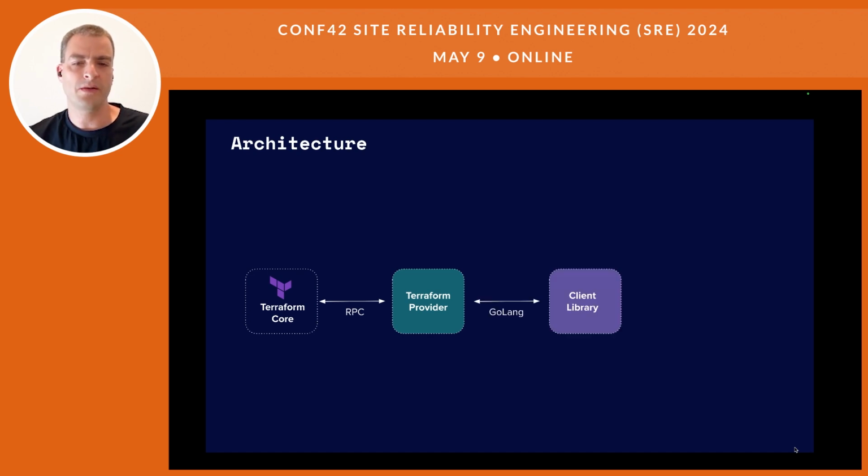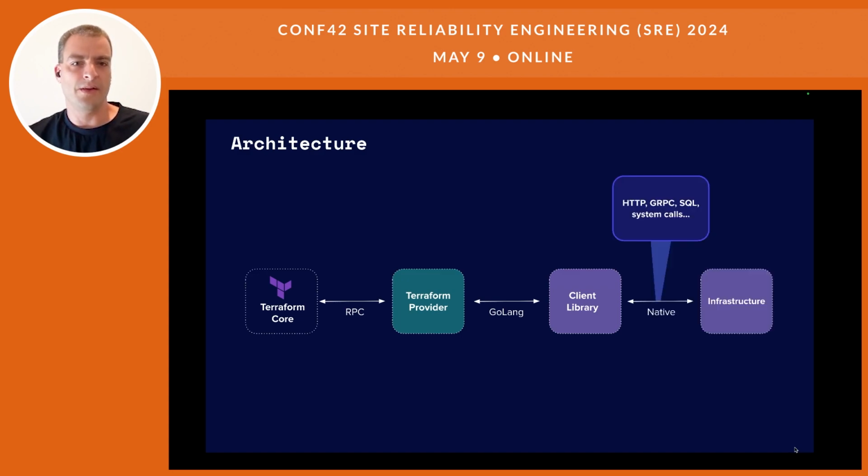And the Terraform provider uses native calls inside the process to communicate with a client library that then communicates over the native infrastructure APIs and protocol with the infrastructure itself to provision resources. And this native communication can happen on HTTP. You'll find it in various documentation. But it could also be gRPC or SQL or system calls or anything that the infrastructure knows how to interpret.